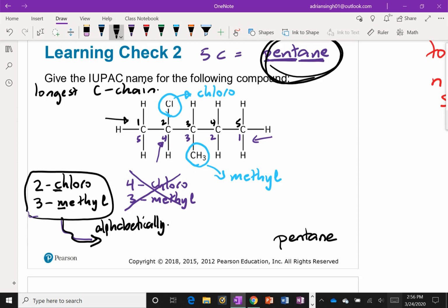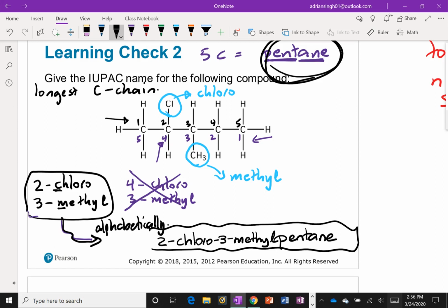C comes before M in the alphabet, so we go 2-chloro. And then whenever you have a number and a letter, you always separate them with a dash. So 2-chloro, and then 3-methylpentane.